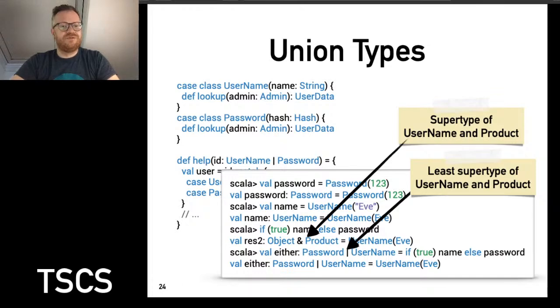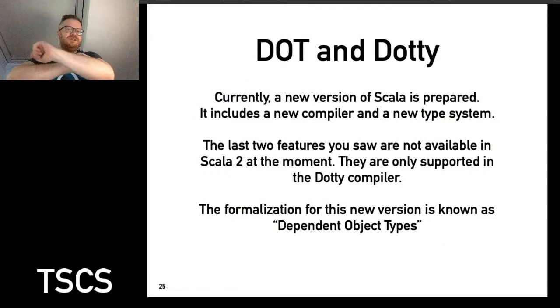Typo. Sorry for that. Okay, as I mentioned, Scala 2 is the current version, but in the last 8 years they developed hard on the next thing called Scala 3, or Dotty, which is the compiler, to a formalization called DOT, which is Dependent Object Types.